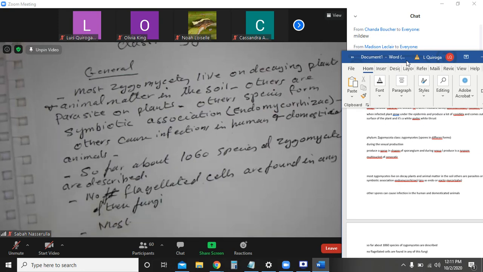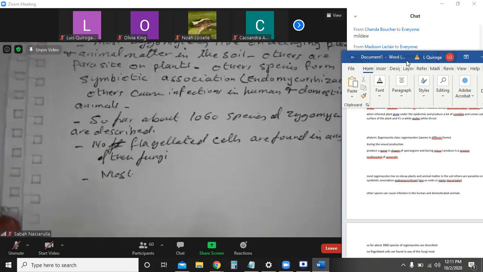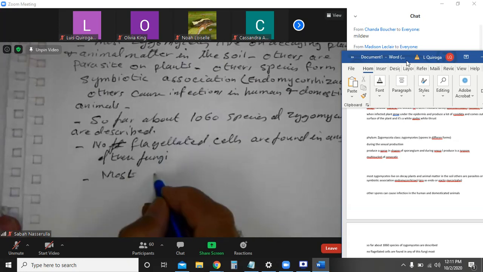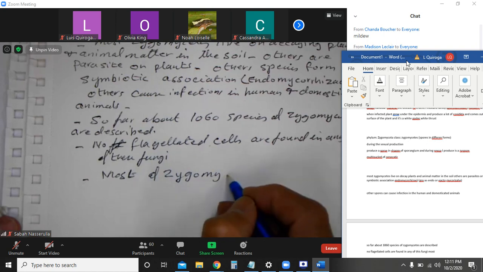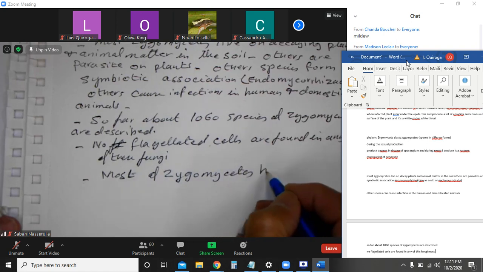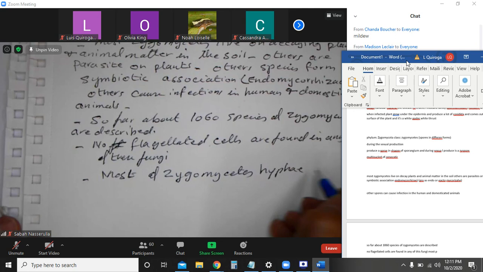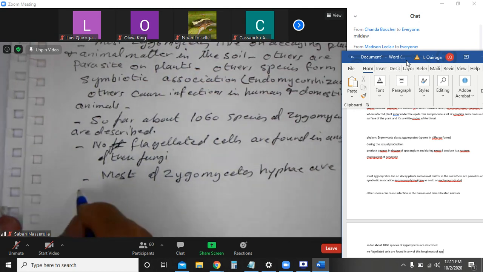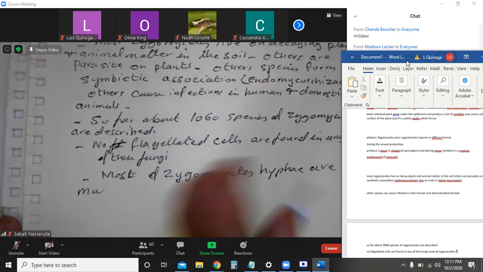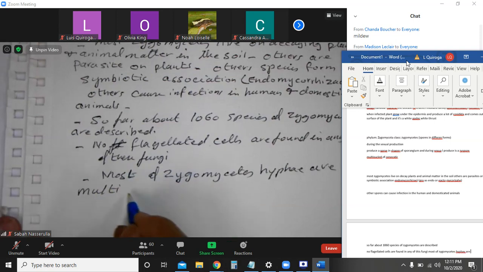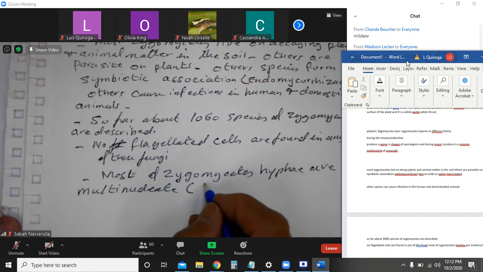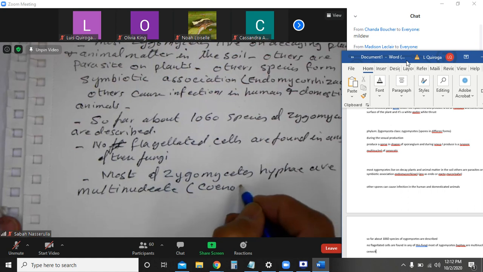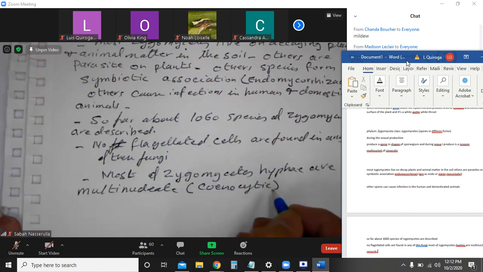The other characteristic: most zygomycete hyphae are multinucleate, that means there is no septa; in other words, coenocytic.